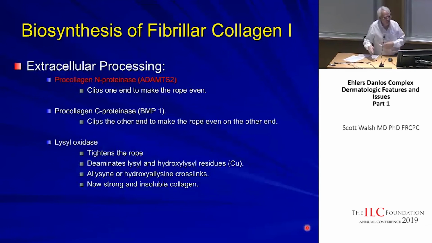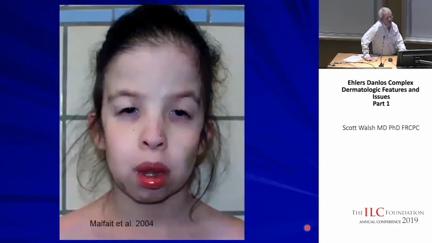Then another player comes in and tightens up the collagen molecule by making all the water groups bind to each other. If you have a problem and you can't cut off the one end of the molecule, this procollagen end proteinase, if that enzyme isn't working, then you get this form of Ehlers-Danlos.